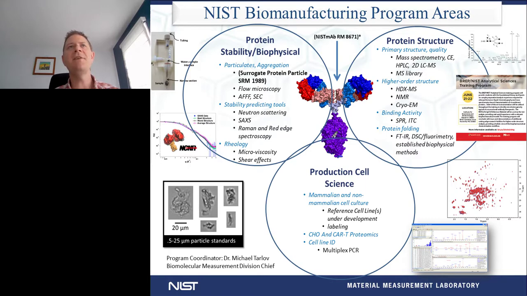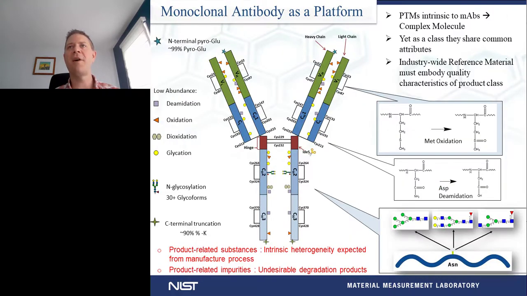So as you can see, NIST really does have a very broad range of measurement capabilities. This is absolutely not an exhaustive list, but certainly we are able to measure the protein characteristics of relevance to the quality and manufacturing of these products. So when I talk about measurements on biopharmaceuticals, obviously there's a wide variety of analytical measurements.